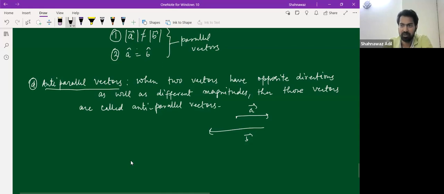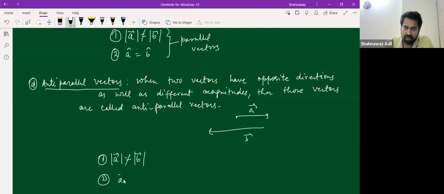Here A magnitude is not equal to B magnitude, and second, A hat is minus B hat. So these are anti-parallel.